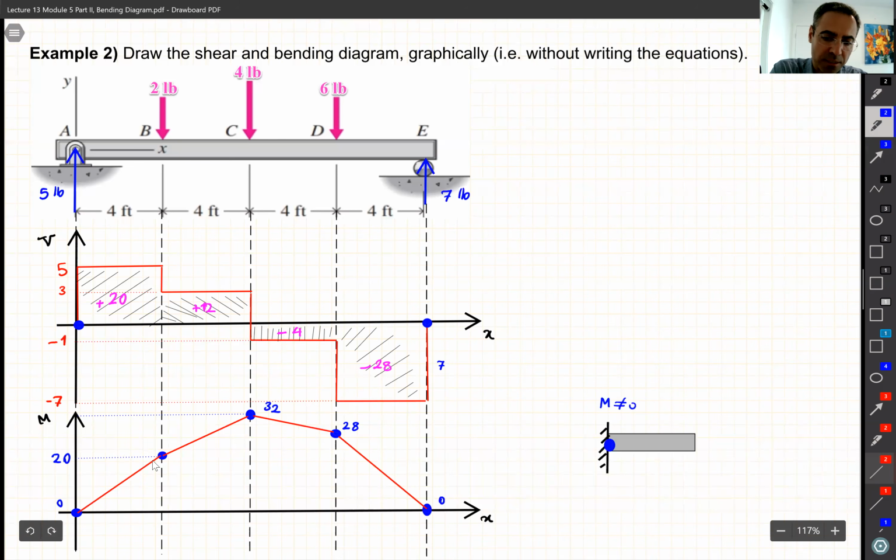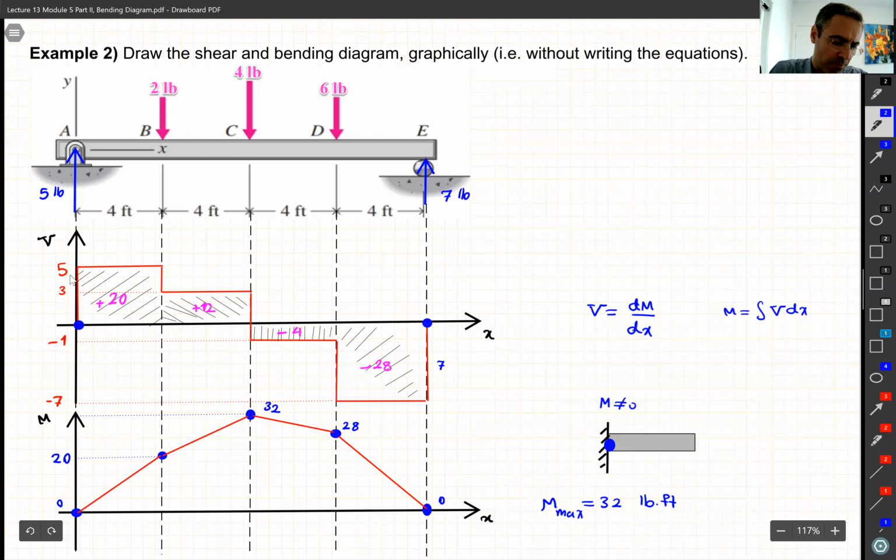Remember, we always have this formula, right? V is the derivative of M. So from the sign of V, we can guess the slope of M. And always M is the integral of V, or the area of V. Okay, so this is our V and M diagram without writing any equations. Looking at this diagram, you can see the maximum M is 32 pound-foot.